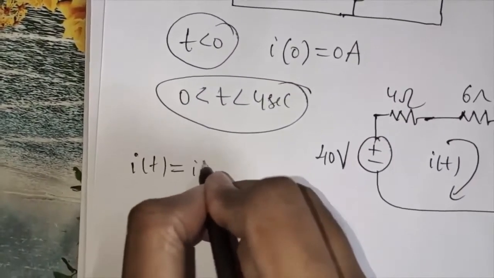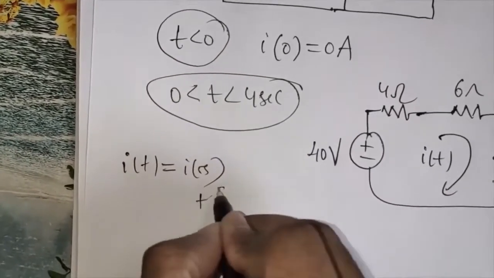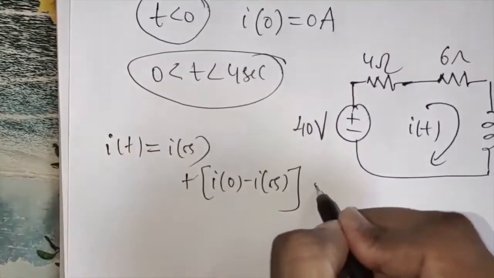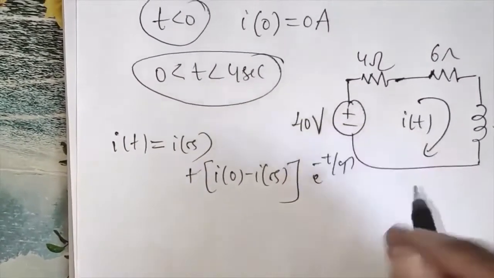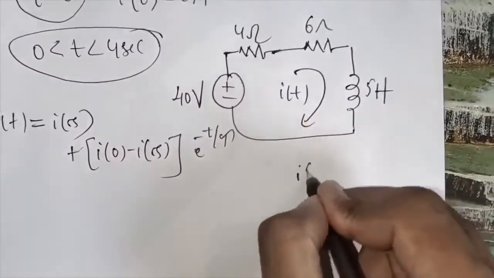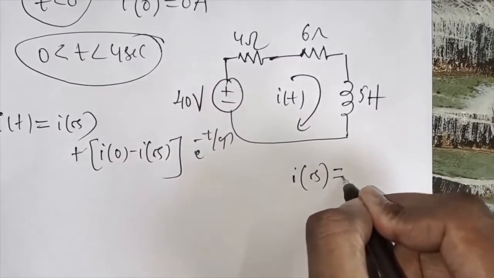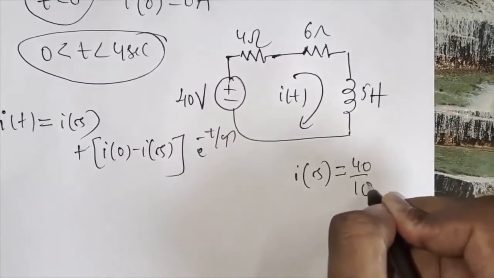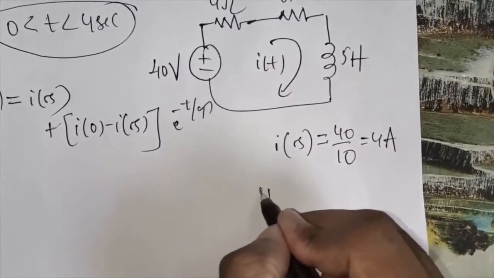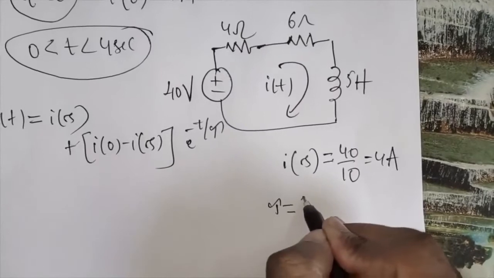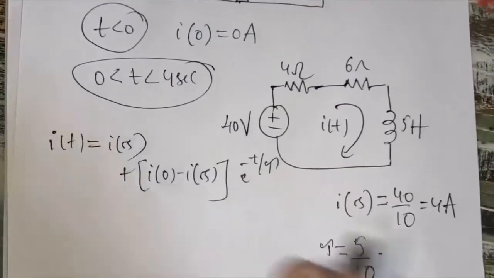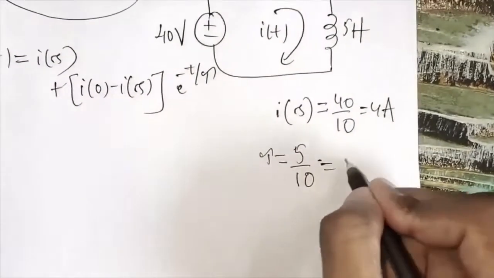So since this is a source driven series RL circuit, the expression I of t is nothing but I of infinity plus I of 0 minus I of infinity into e power minus t by tau. So when this circuit reaches steady state, inductor acts as short circuit. So I of infinity in this case will be 40 by 10, which is 4 amps. And the tau value will be nothing but L by R, which is 5 by 10, that is 1 by 2.